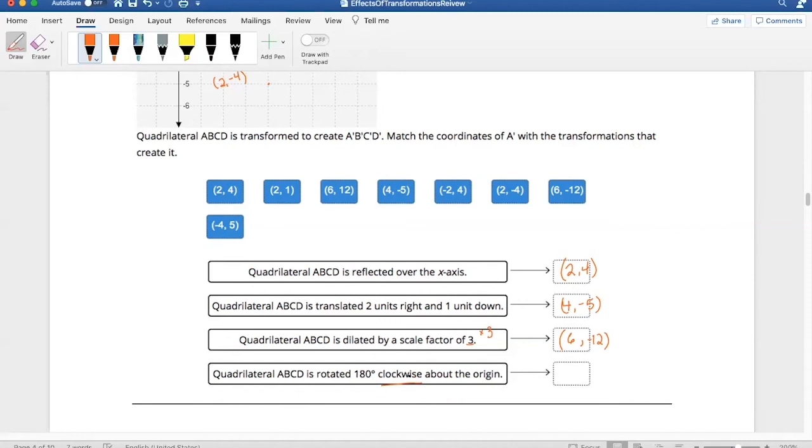So again, I looked up that rule on Google, and it tells me when I do 180 degree clockwise rotation, my point x, y is going to become -x, -y. So basically the x and the y both change to the opposite signs. So my original was 2, -4. After 180 degree clockwise rotation, it's going to end up -2 and +4. They both just change to the opposite.